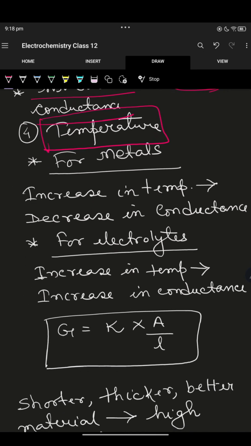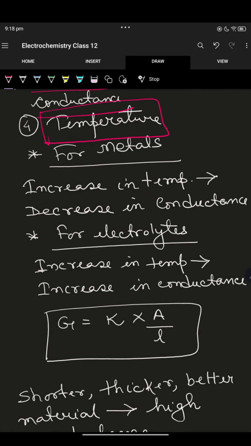Next factor is temperature. How is it affected? For metals, when the temperature is increased, then there is a decrease in the conductance. With increase in temperature, the randomness of the particles increases. The resistance to the flow of the current also increases.